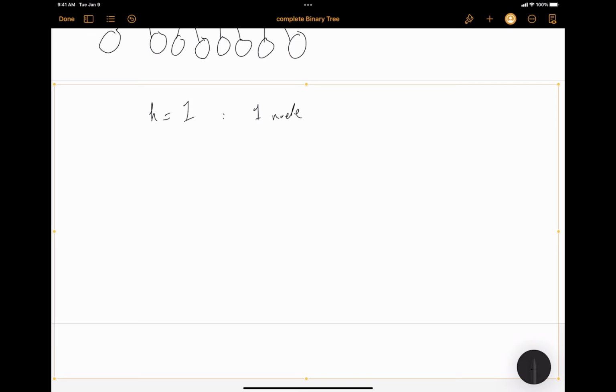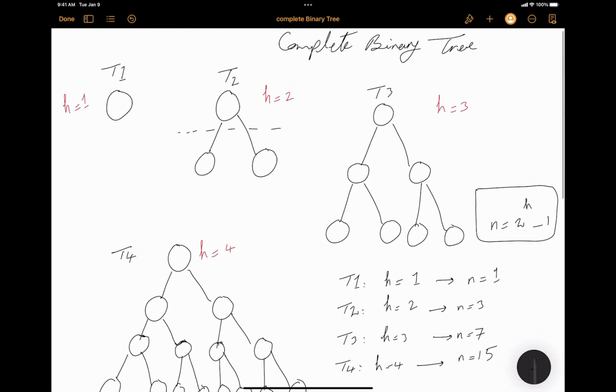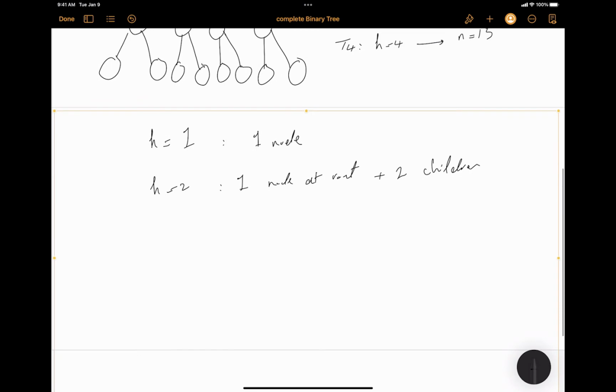When h was equal to 2, we had one node at the root plus the 2 children of the root. If you go back to T2, you see that the root node has exactly 2 children, so the number of nodes becomes 1 plus 2, which is equal to 3.